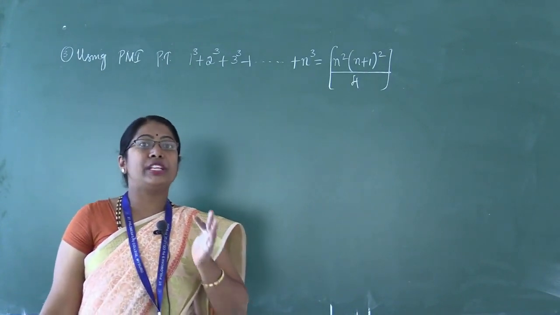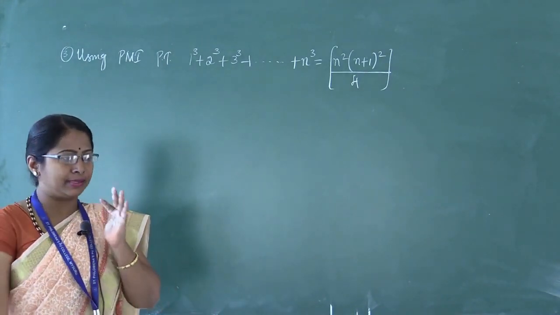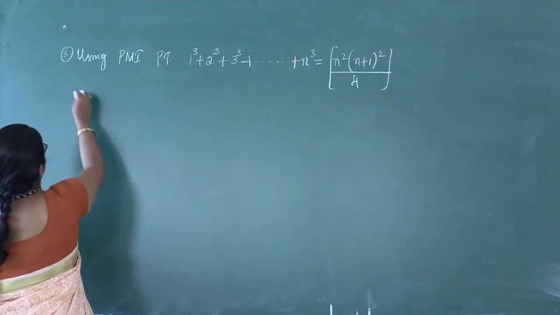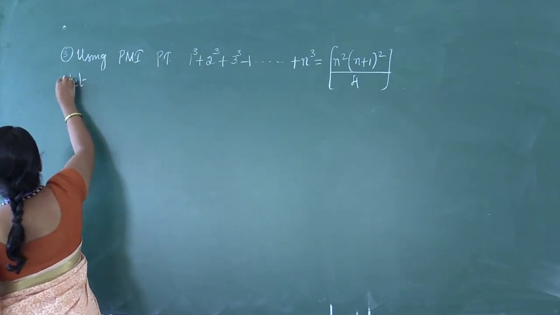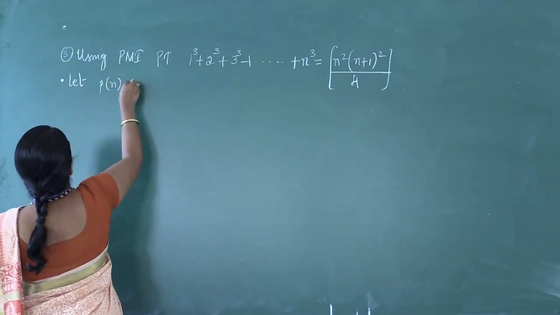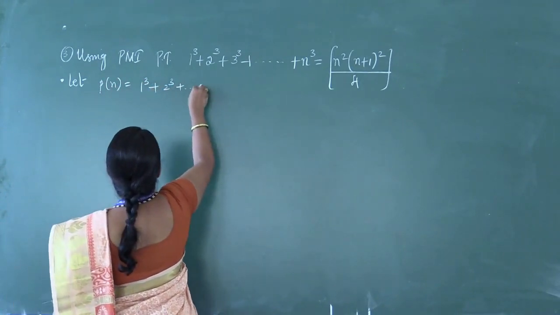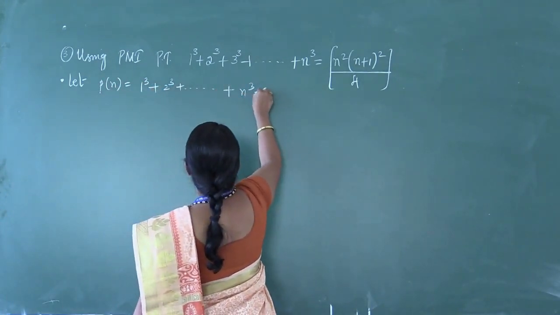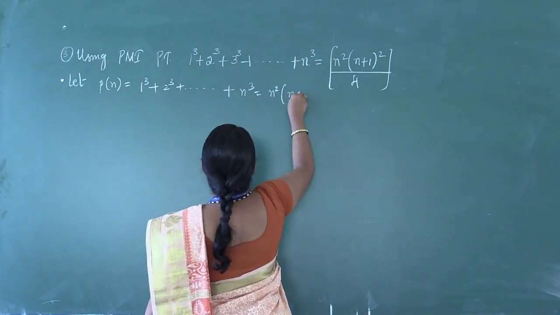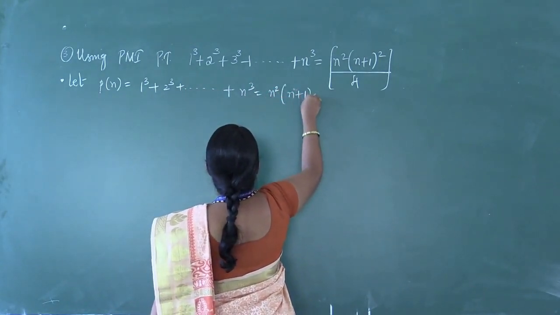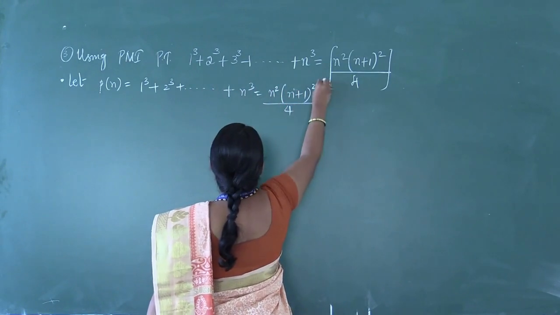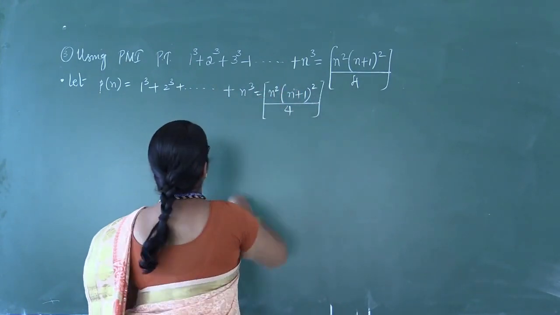First step, we shall denote the given problem as P of n. So, first step, let P of n is equal to 1 cube plus 2 cube etcetera plus n cube is equal to n square into n plus 1 whole square divided by 4.